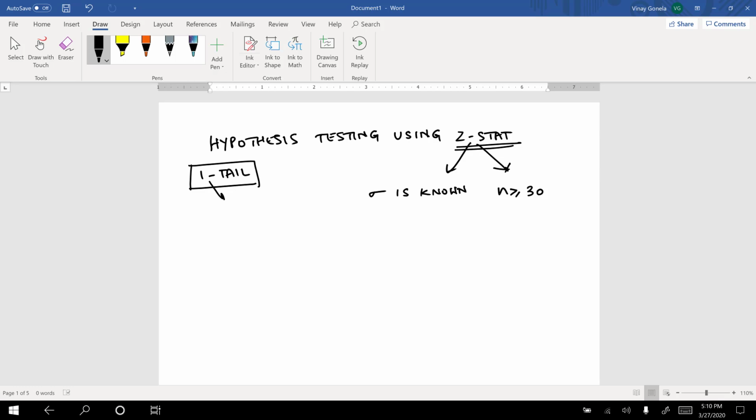In one tail, we will be evaluating one side of a normal curve.